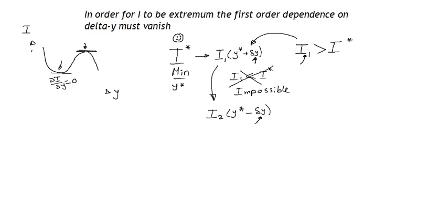And if it decreases below I star, we will have this impossible situation. So to get rid of this impossible situation, we just conclude that first order dependence must vanish.